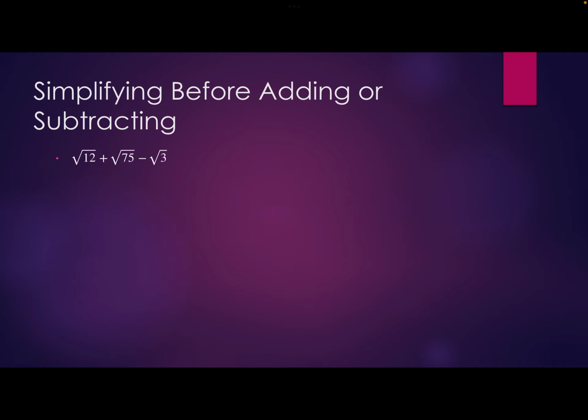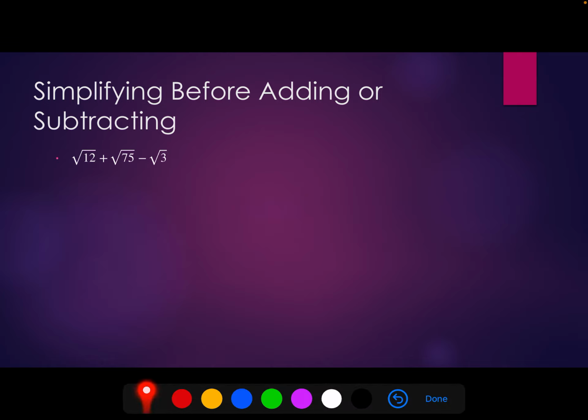Now let's take a look at an example where we have to simplify before we add or subtract. If we were to just look at this expression, we would think right off the bat that there's nothing we can do here because they all have different radicands, right? This is a radicand of 12, 75, and 3.